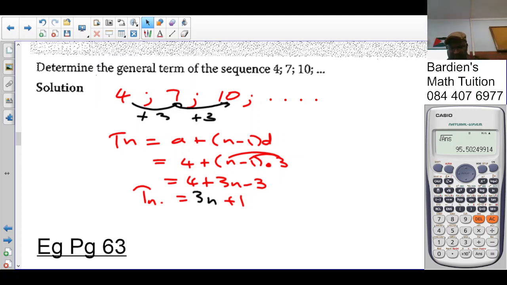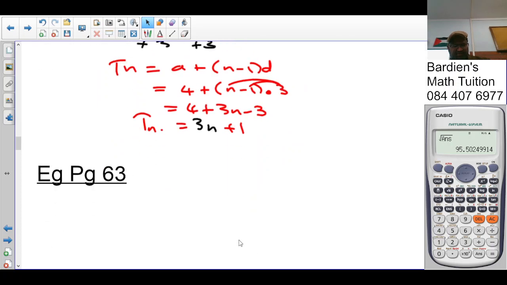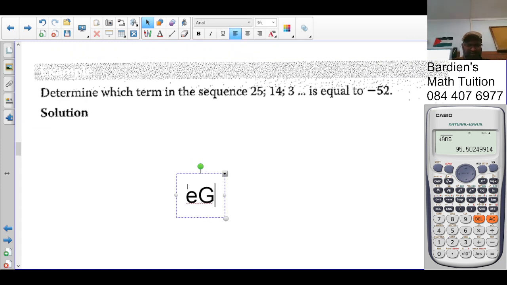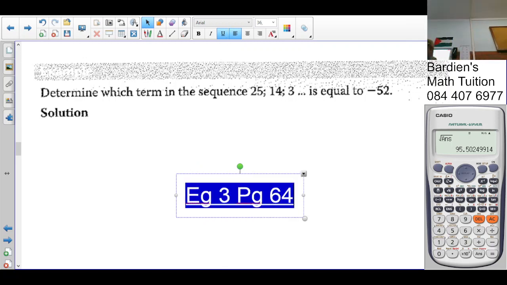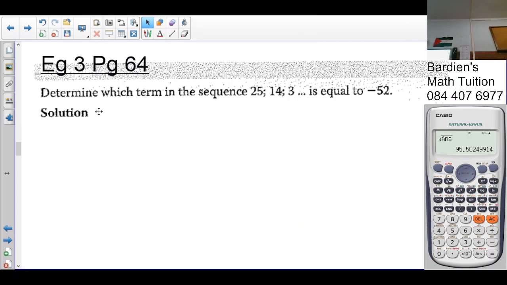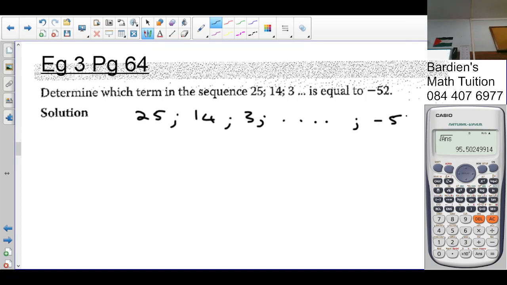Example 3 on page 64. Determine which term of the sequence 25, 14, 3 is equal to negative 52.